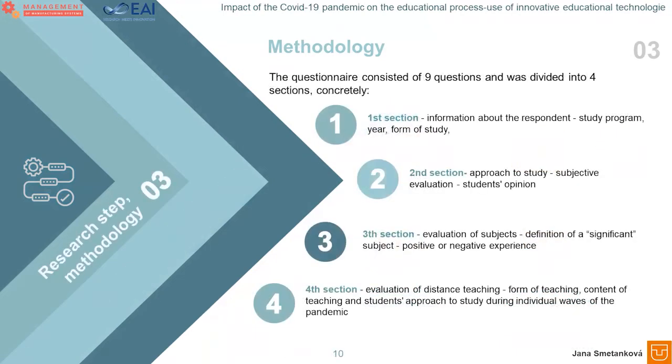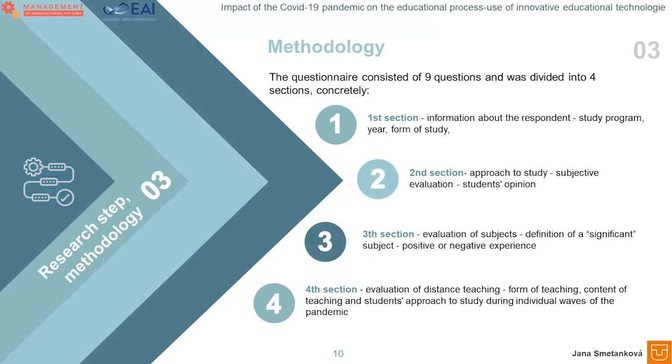The questionnaire consists of 9 questions and was divided into 4 sections, concretely. The first section is information about the respondents, concretely, study program, year, form of study. The second section is approach to study, concretely, subjective evaluations, mainly students' opinion.